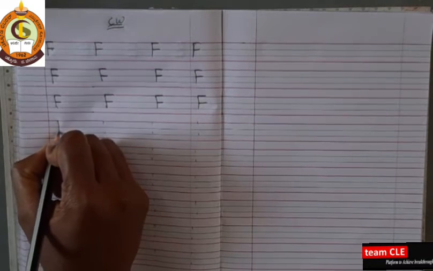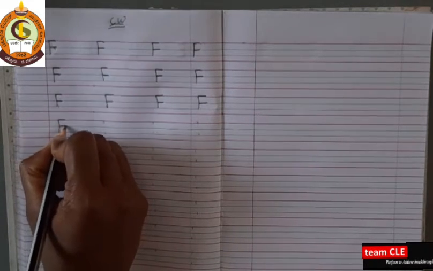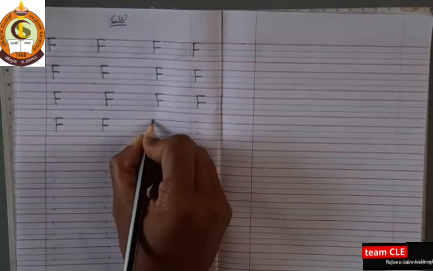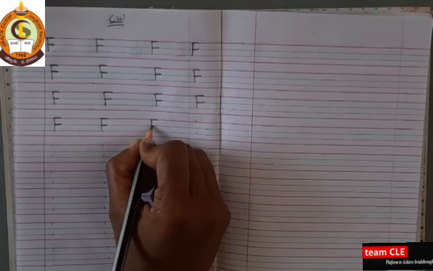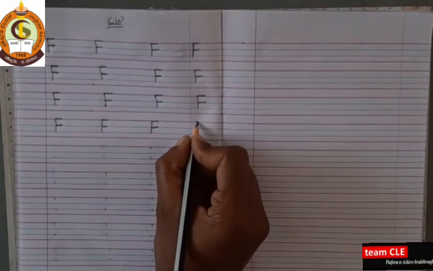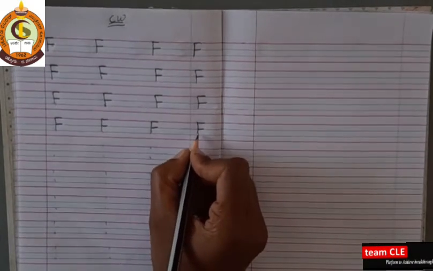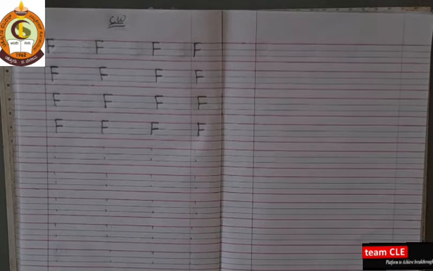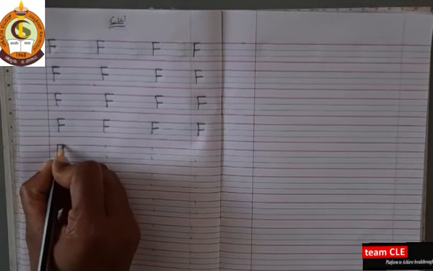Next, write again. F for fish. F for frog. F for fan. F for flower. What do we call flower in Kannada? Yes, flower. So again say the letter and words and write it.